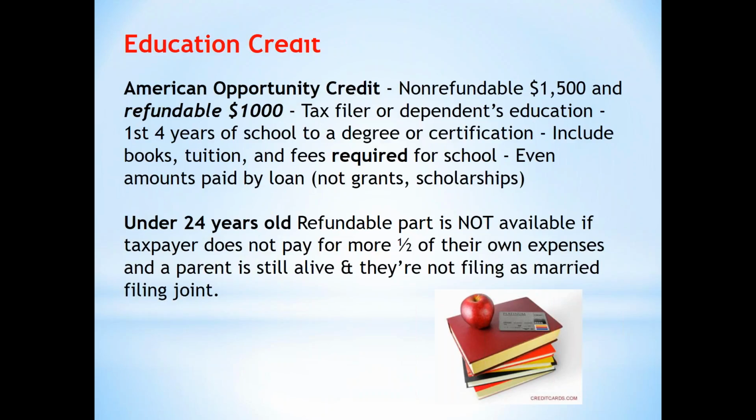If somebody is under the age of 24, they typically are coming from a household where their parents are claiming them as dependents even though they're in college. In which case, even if that person is doing their own tax return, we want to make sure that the refundable portion is being claimed on the parents' tax return.